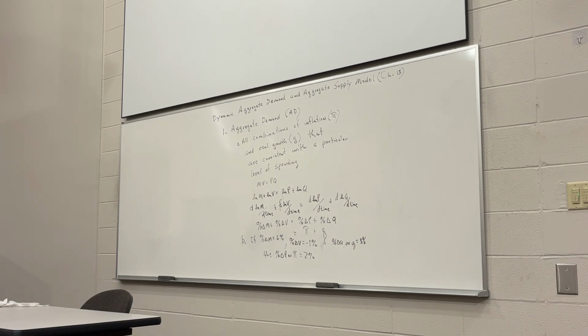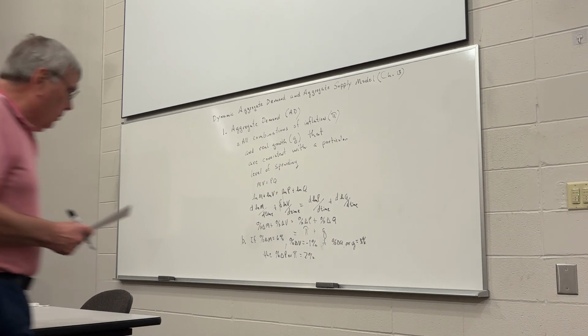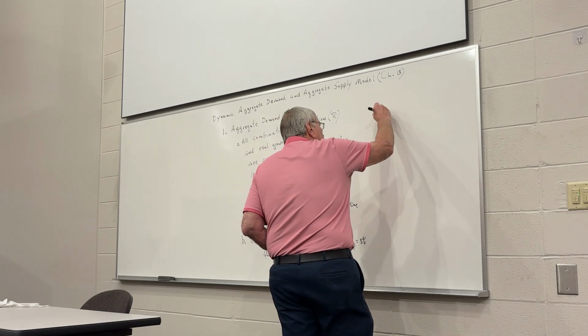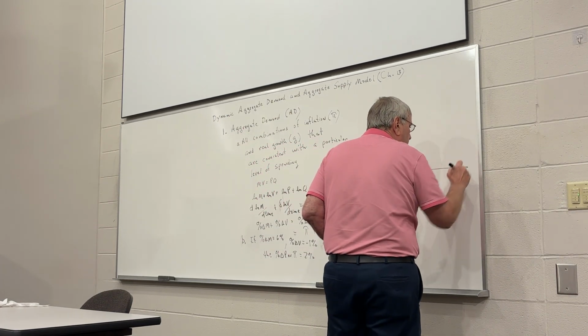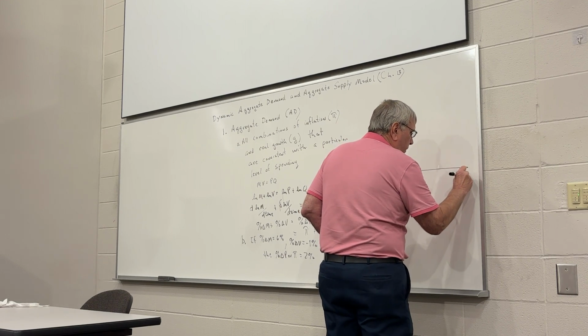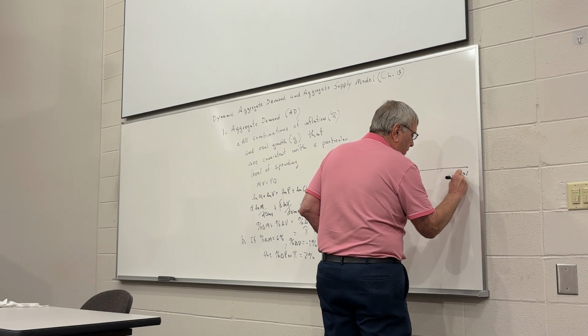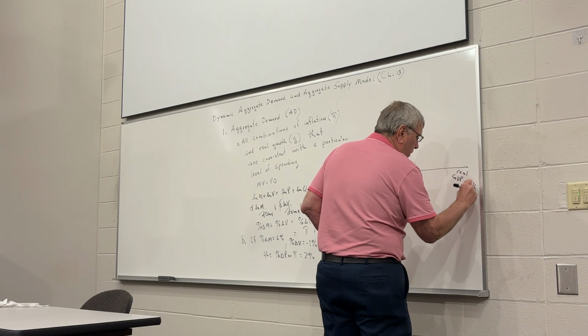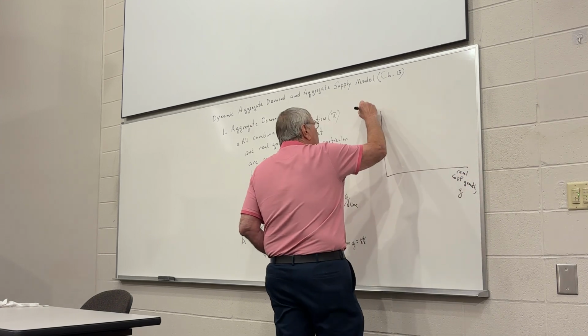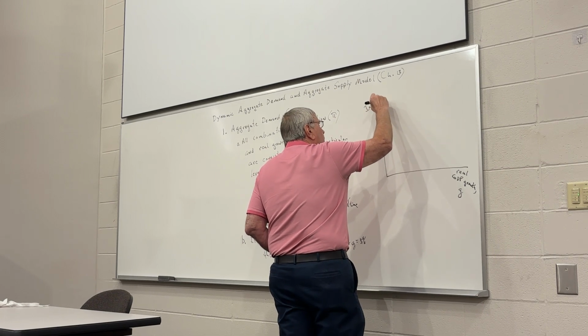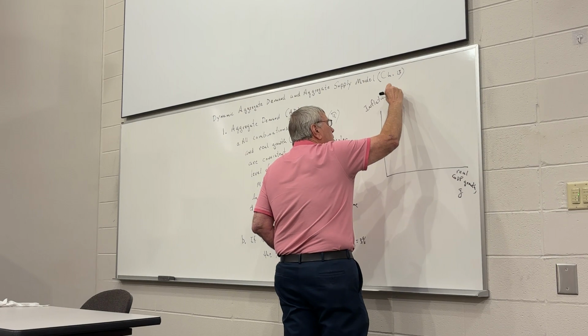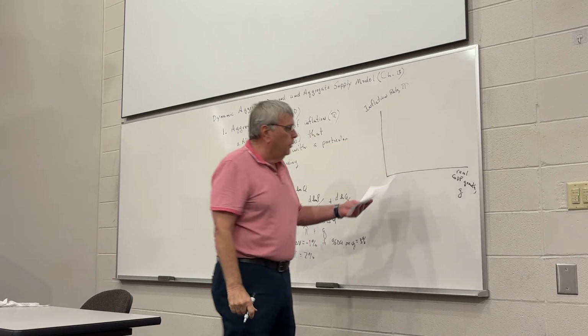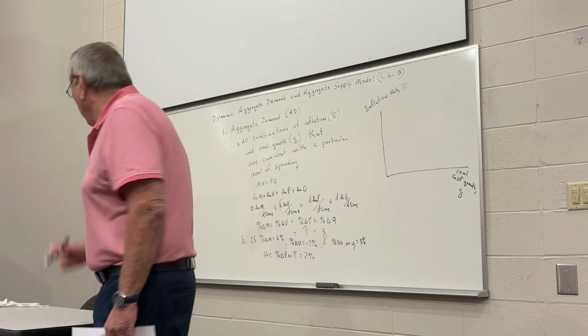We need a way of getting at how much demand there is in the economy. Spending is going to be demand. So we've got a particular model. We've got inflation rate on one axis, real GDP growth rate on the other axis.